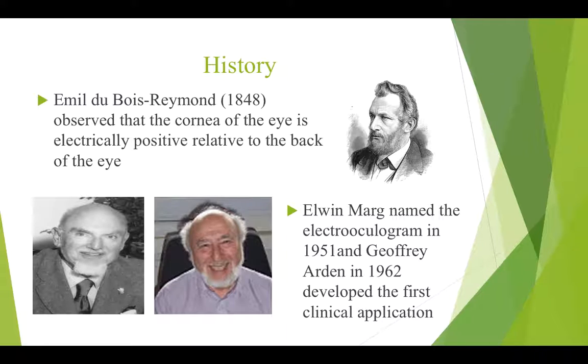Since this potential was not affected by the presence or absence of light, it was thought of as a resting potential. In fact, it is not constant, but slowly varies and is the basis of the electrooculogram (EOG).